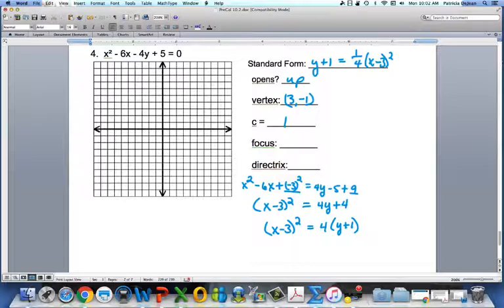So at 3, negative 1, you have your vertex, and 1 space below it, since it opens up, is our directrix, which is y equals negative 2.